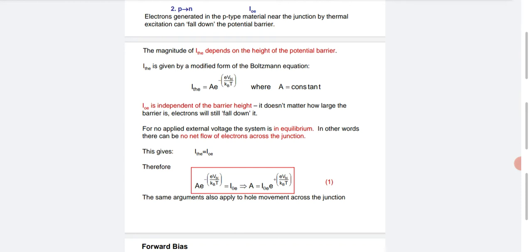The thermal current is given by a modified form of the Boltzmann equation. So I thermal is equal to A e raised to minus eV upon kT, where A is a constant. So the current I0 is independent of the barrier height.